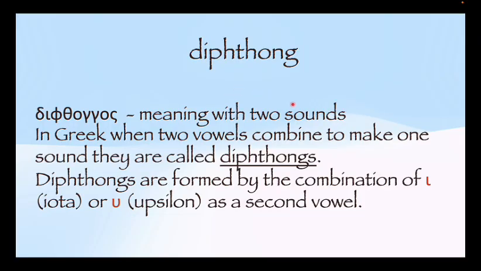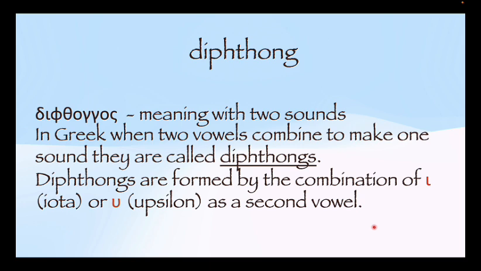Diphthong. What is a diphthong? The Greek word diphthongos means with two sounds. Now, in Greek, when two vowels combine to make one sound, they are called diphthongs. So diphthongs are formed by the combination of a vowel with iota or upsilon as the second vowel. Of the 7 vowels, if we remove iota and upsilon, we remain with 5.